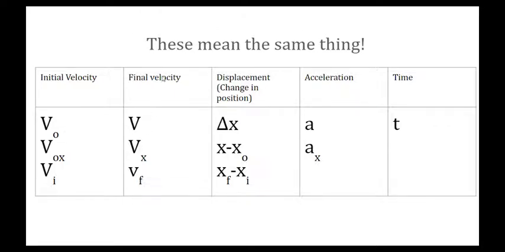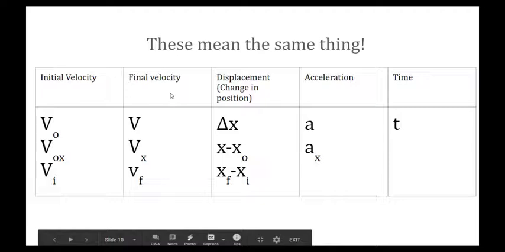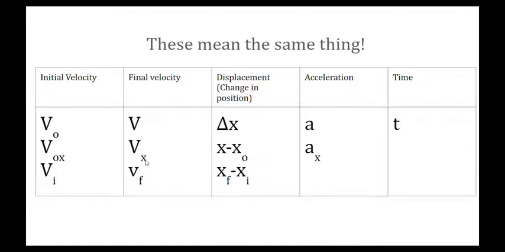Within the same box, we have the same thing. So initial velocity is going to be written as v at time 0, or v naught x, that means just in the direction x, because we're going to talk about the y soon, or vi for v initial. Final velocity is just v, or vx.